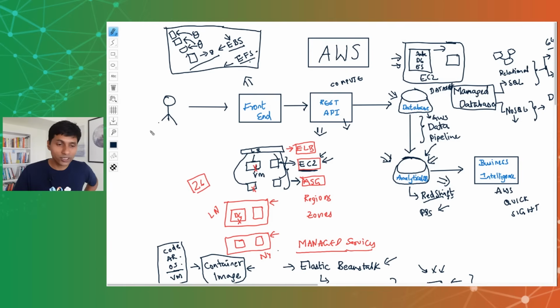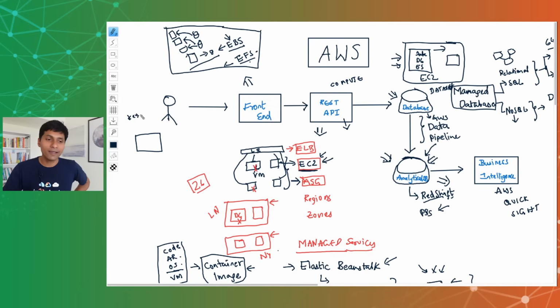Let's say you have users who are uploading files to a website, and you'd want to store all those files in a particular place. You can use a database, but databases are not optimized for storing files. Let's say these are large video files or large audio files or large images, things like that. So these are all objects. You'd want to be able to store these with a key value pair.